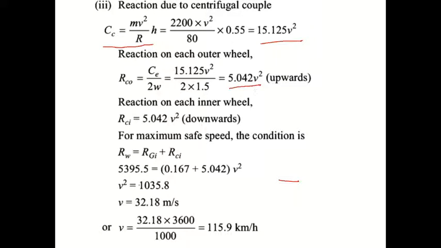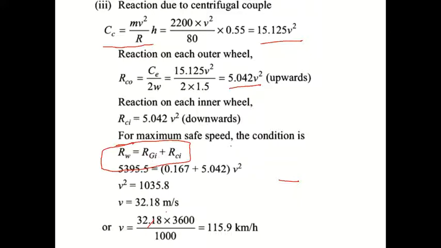So we know the condition. For the inner wheels, for safe speed and safe condition, Rw will be equal to Rg plus Rc.